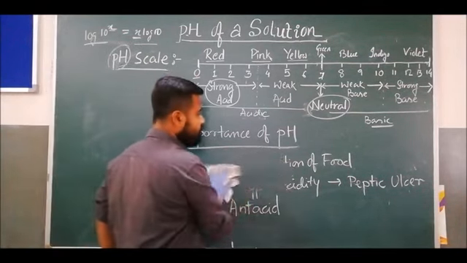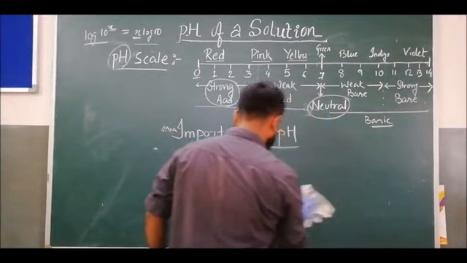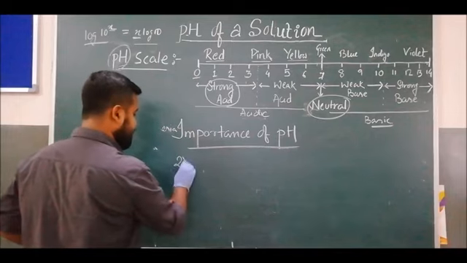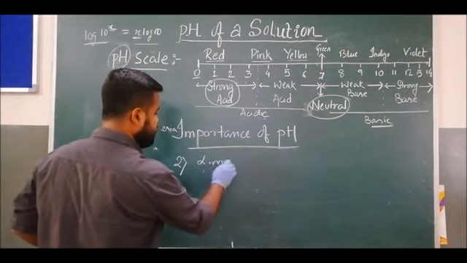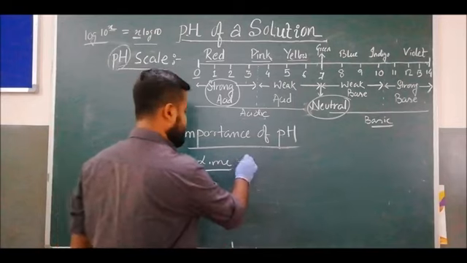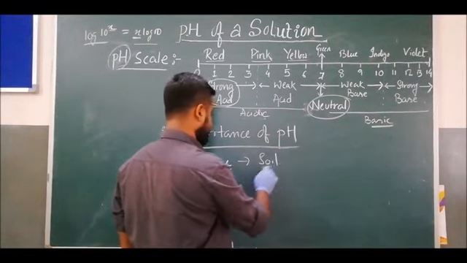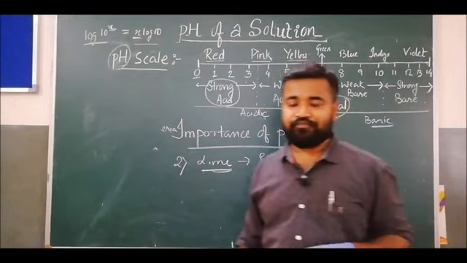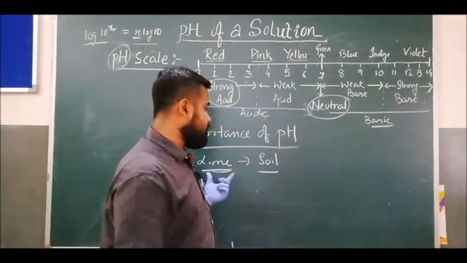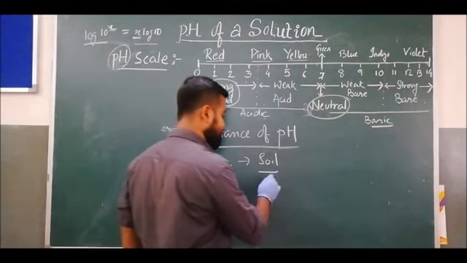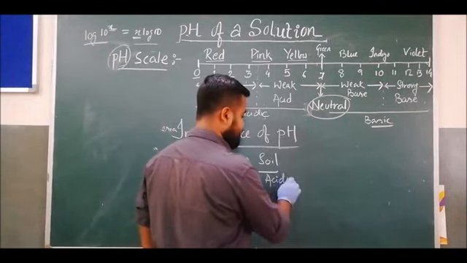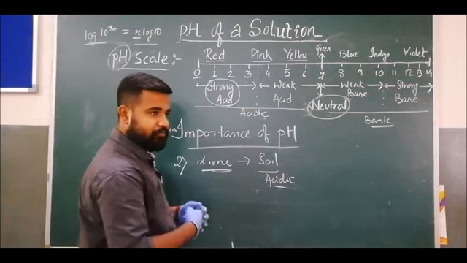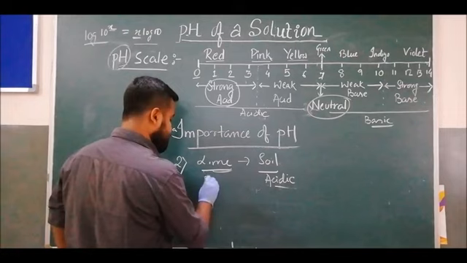Second, generally we are sprinkling lime in the soil. What is the use of this lime in the soil? Soil generally has acidic pH, and we know that lime, calcium oxide, is basic in nature.